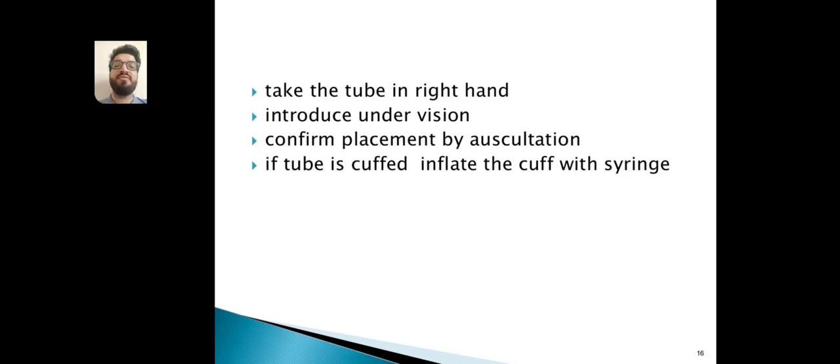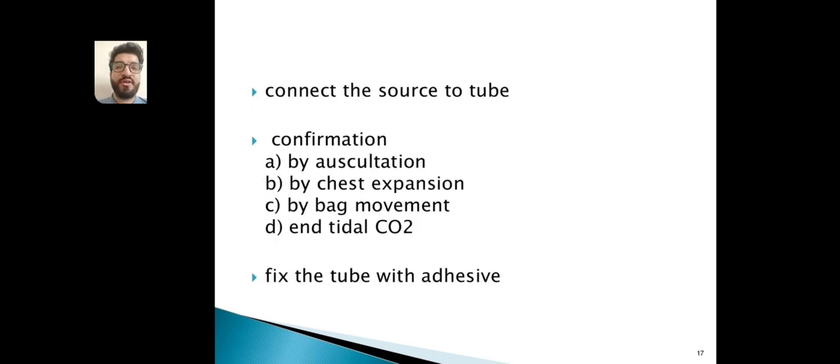By that we will be able to place the tube properly, and there will be no difficulty if the patient is having a difficult intubation, or a difficult airway and we are not able to visualize the vocal cords properly. In that case, we can use the video laryngoscope.